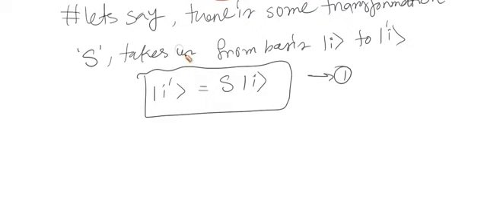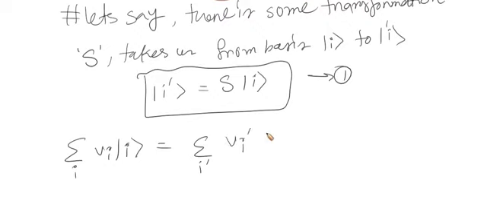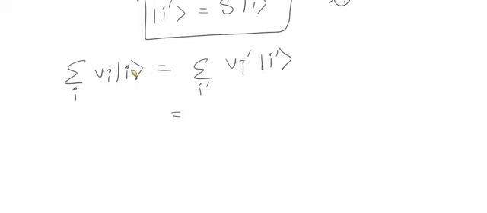Let's try to see it. So we have our summation over I, Vi I is equals to sum over I prime, and you have Vi prime and you will have I prime, right? But this I prime is related with I through equation 1. So now we will use equation 1.